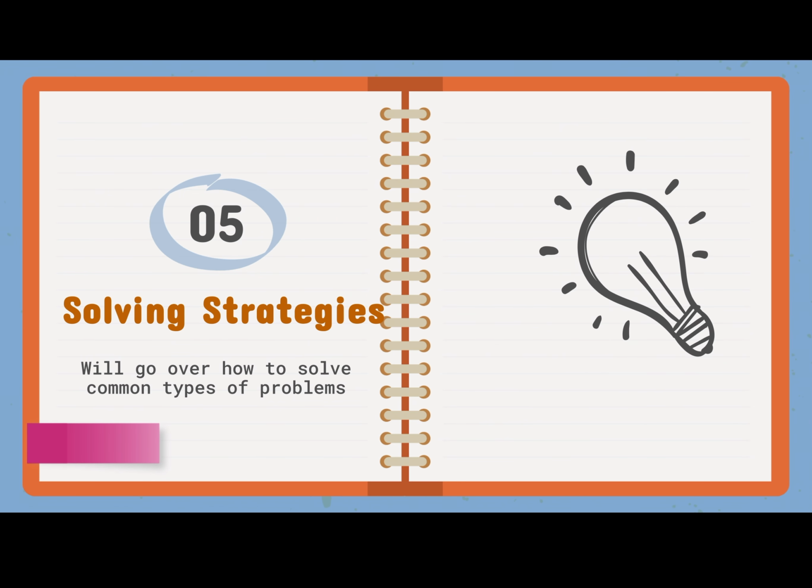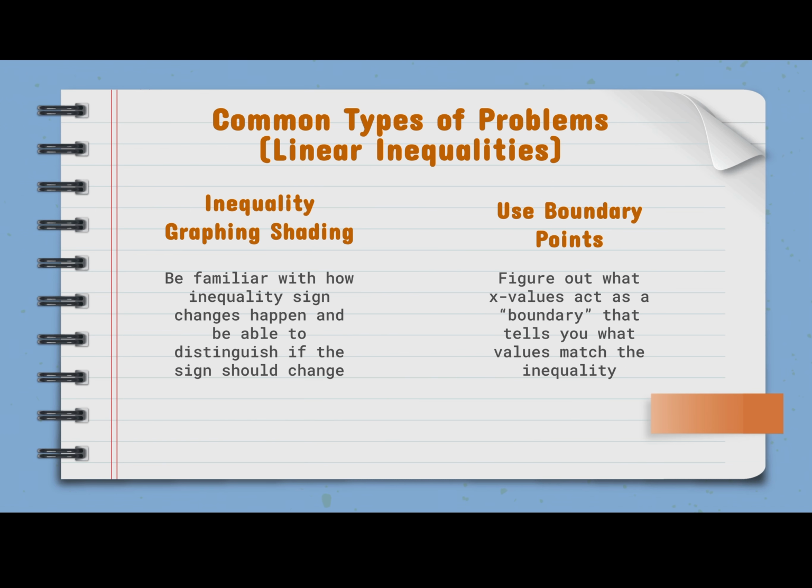Okay, some solving strategies for linear inequalities. So we have inequality graphing shading, which pretty much just means the way we shade the correct answers will differ based on the sign. So if you have a less than sign, you'll shade underneath the line. And if you have greater than, you'll shade above the line.